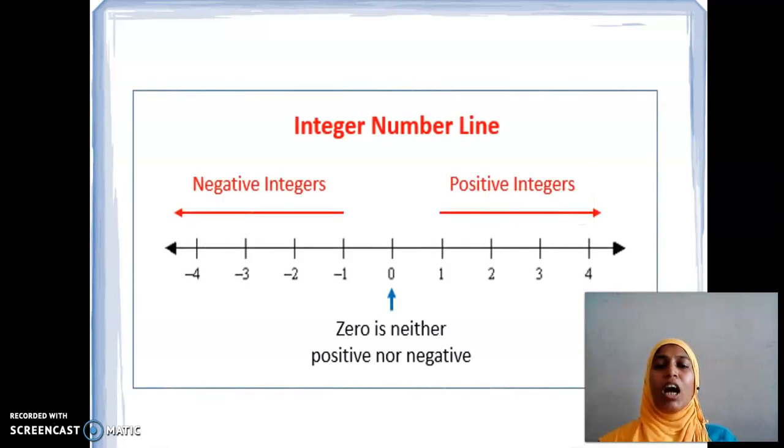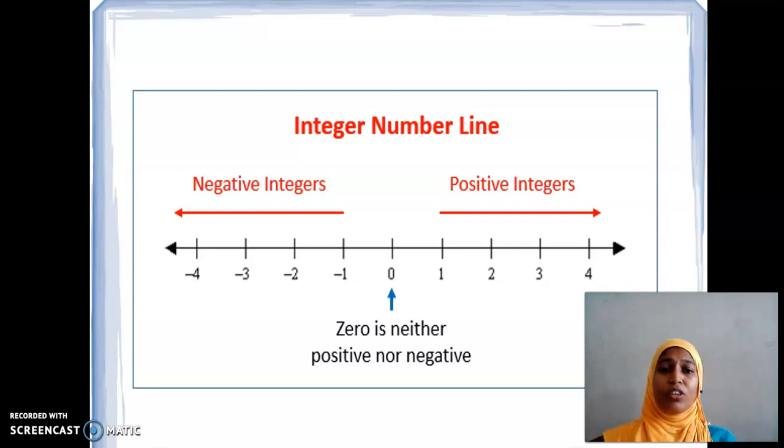Now, let us see how integers are represented on a number line. 0 is represented at the center of the number line. On the right side, we represent all positive integers. On the left-hand side, we have negative integers.